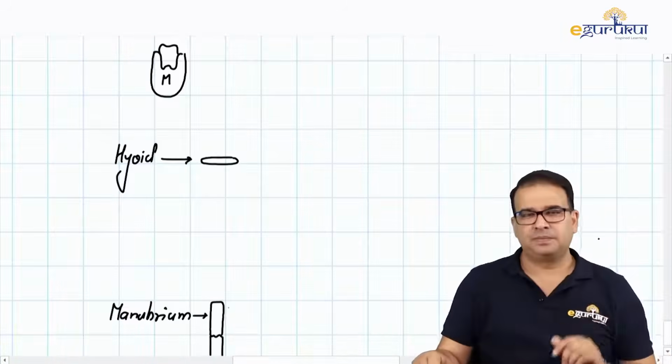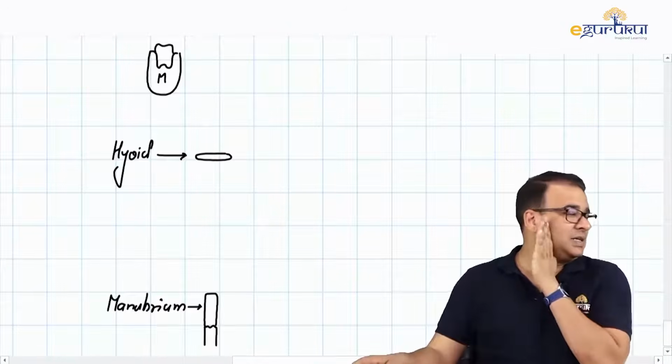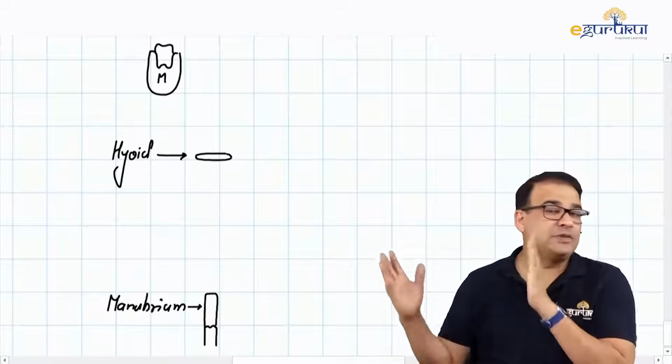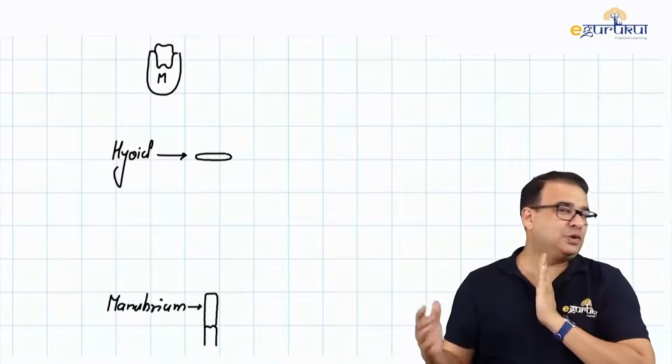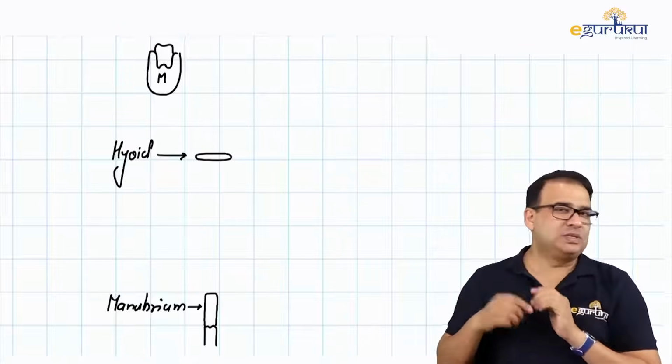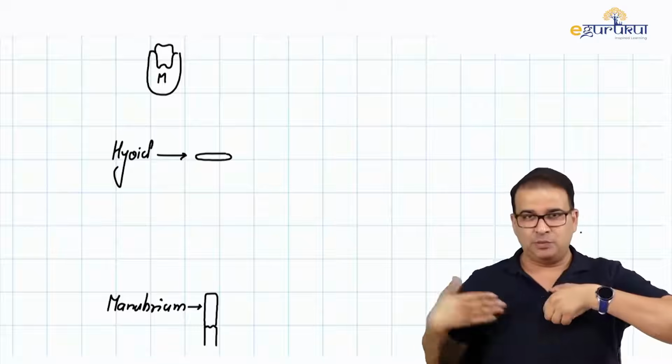And that's manubrium. Stay oriented with this. It's a sagittal section, so you have to presume you're seeing it from the side. You take a section, cut a section like this, and then you see it from the side here, of course. So you will see a piece of mandible, you will see a cut section of the hyoid, and you will see a piece of the manubrium from the side view.